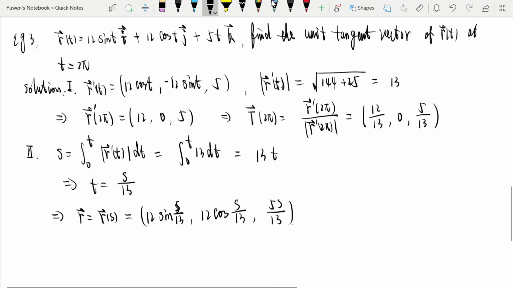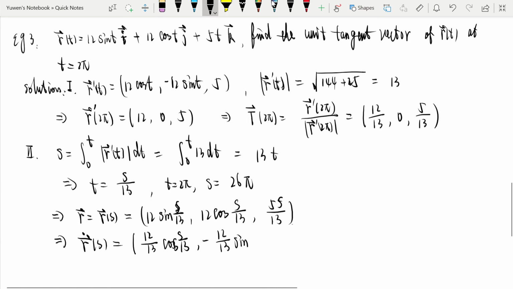And when t equals 2 pi, s equals 26 pi. So the derivative of r(s) is 12 over 13 cosine s over 13, negative 12 over 13 sine s over 13, and 5 over 13.